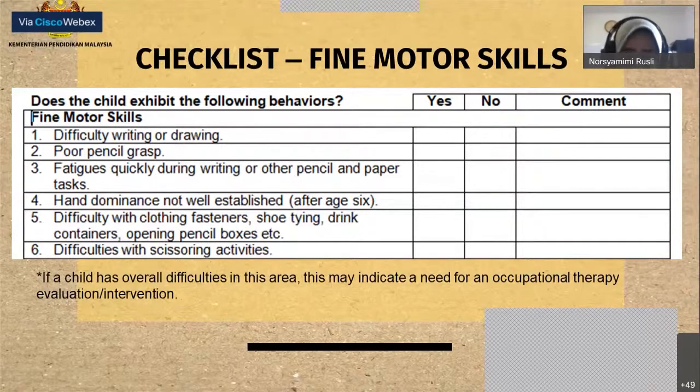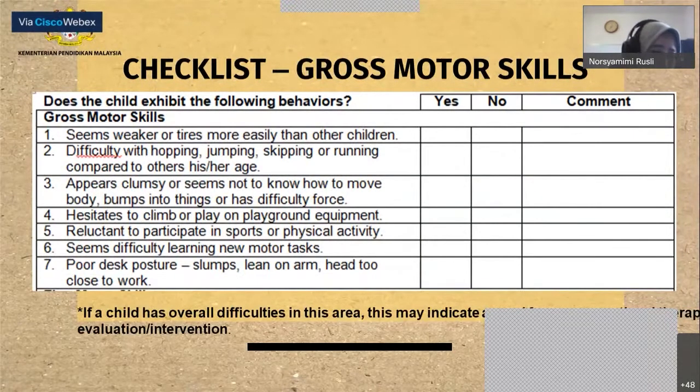If not all the boxes are ticked, let's say the child is having difficulty in number 7, which is poor desk posture, the teacher knows that the difficulty is related to gross motor skills and may want to do stimulation activities to increase gross motor skills, or do a screening to further identify which area is affecting his ability to maintain good body posture during class.